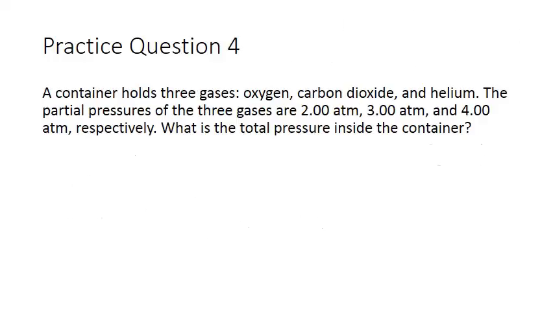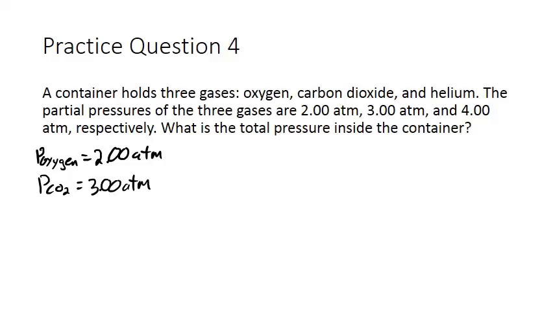All right, next question. A container holds 3 gases, oxygen, carbon dioxide, and helium. They give you the partial pressures of each one. So the pressure of oxygen is 2, pressure of CO2 is just 3, and pressure of helium is just 4. What is the total pressure?